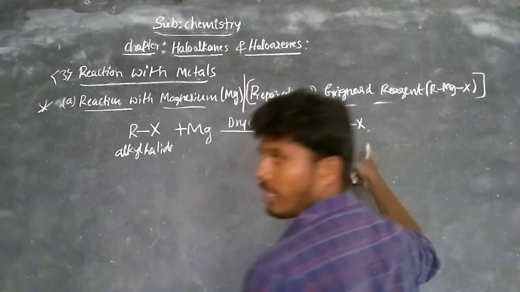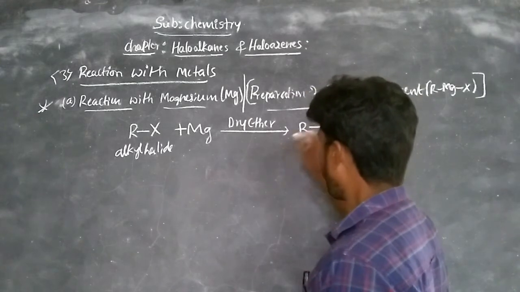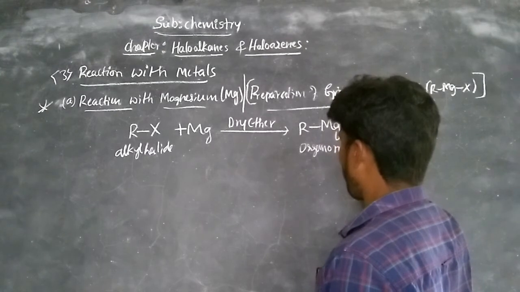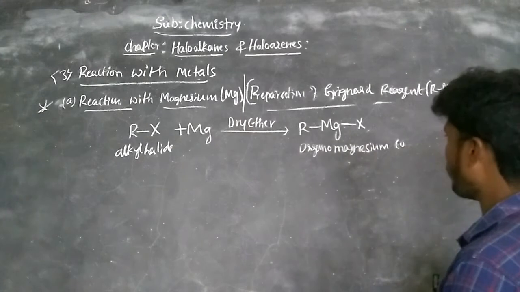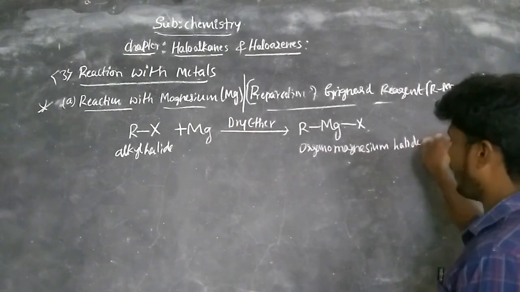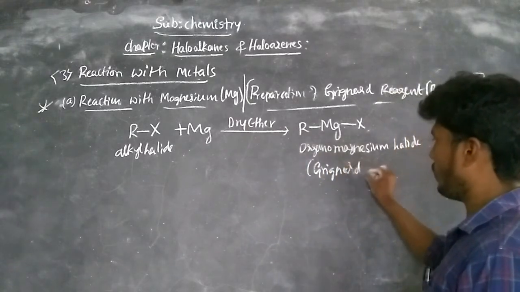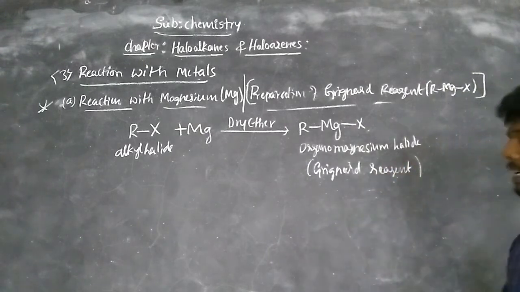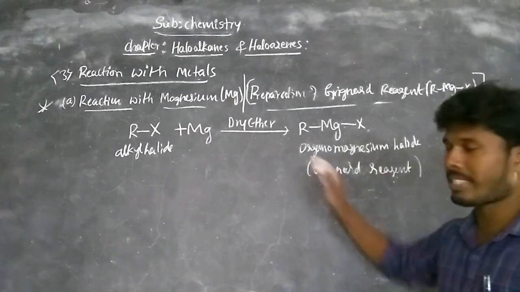This is the general representation of Grignard reagent. An organomagnesium halide compound is called Grignard reagent. So this is the general reaction.